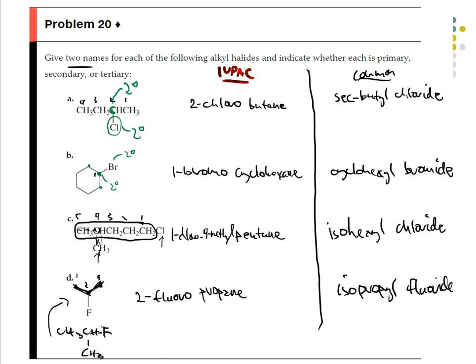If I go to part C, this chlorine is attached to this carbon, and this carbon only has 1 other carbon that it's attached to. So this is a primary carbon, which means that this is a primary halogen that we have in the structure. And then for part D, we do the same reasoning. This F is attached to that carbon. We have 1 to the left.